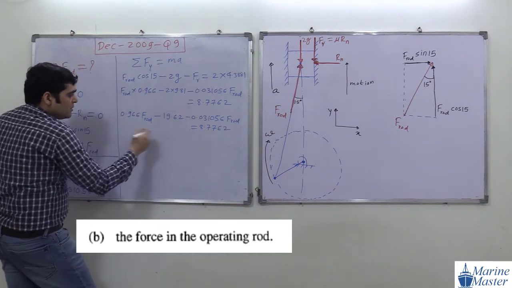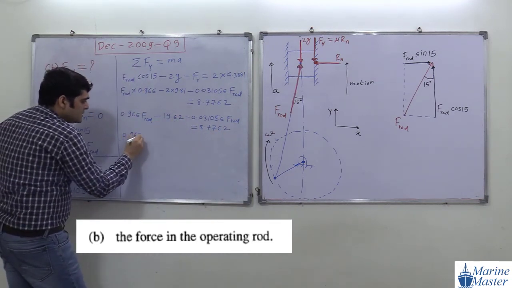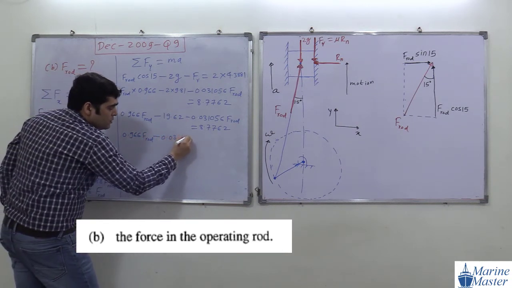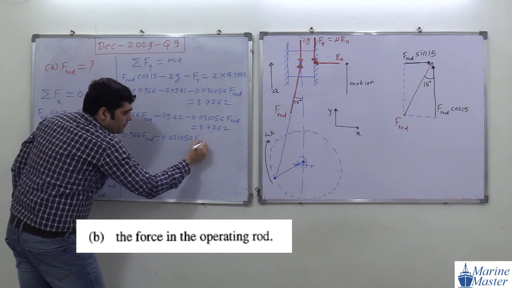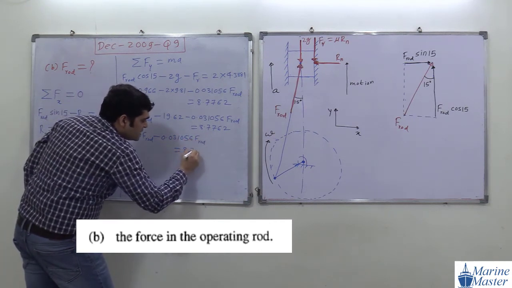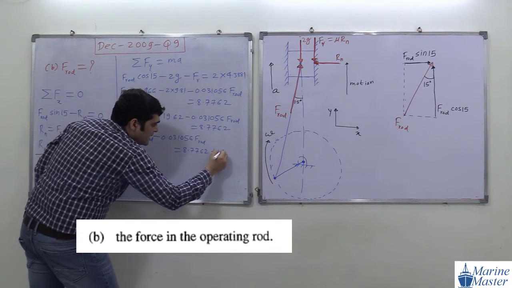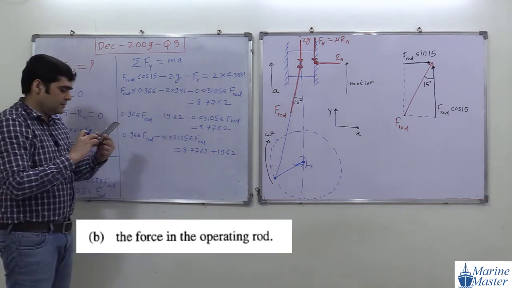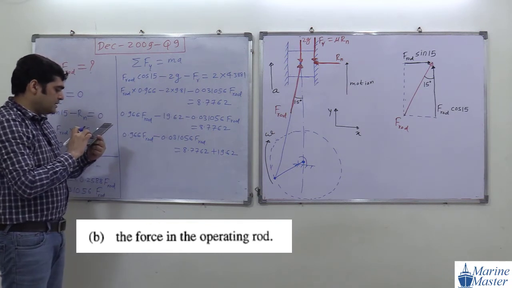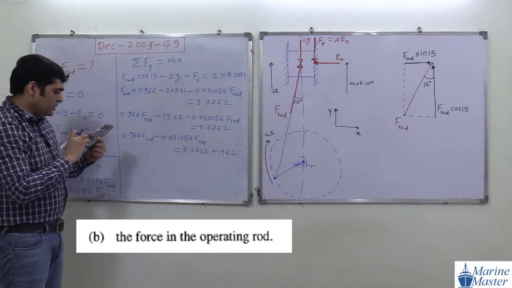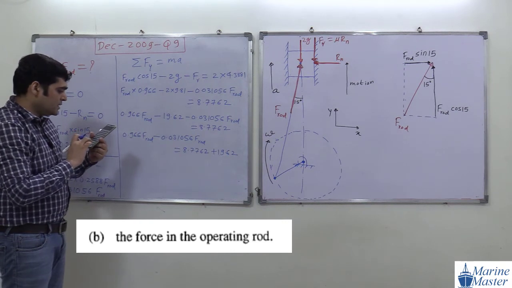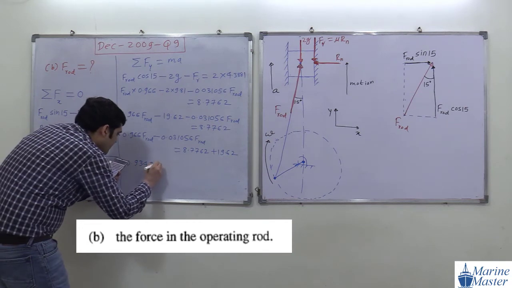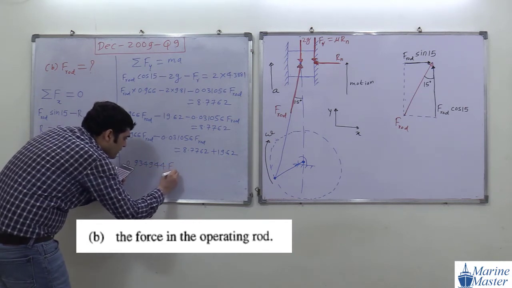So F rod terms on one side: 0.966 F rod minus 0.031056 F rod is equal to 8.7762 plus 19.62. So 0.966 minus 0.031056 gives 0.934944 F rod.